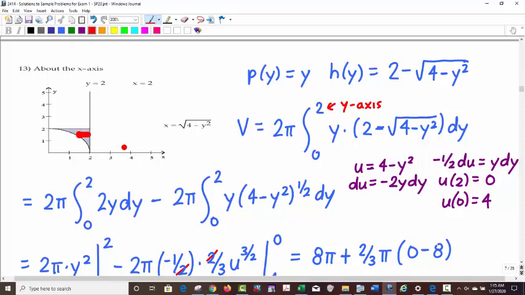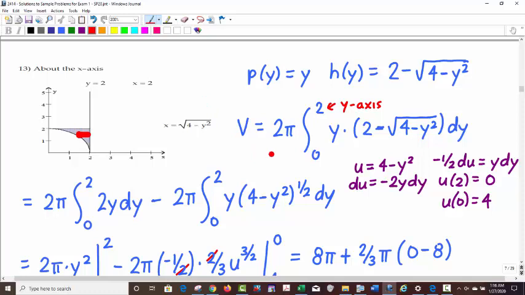Now, if this was done by the disc washer method, you definitely have a washer here because it's got a gap in there. But this one, there's no concerns about washers. But you do have to, at certain times, subtract the function. And of course, p of y, that height's just y. 2 minus the square root of 4 minus y.